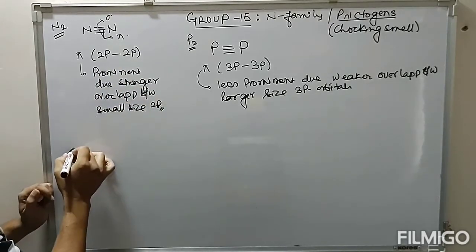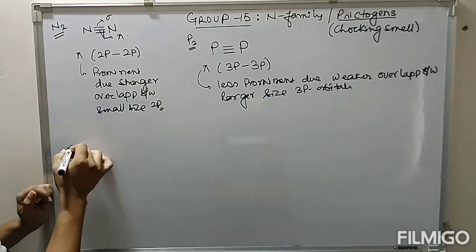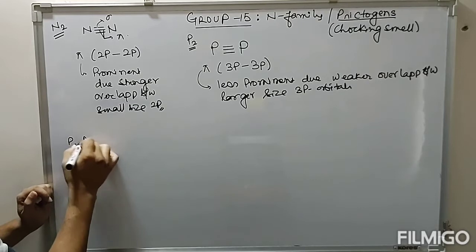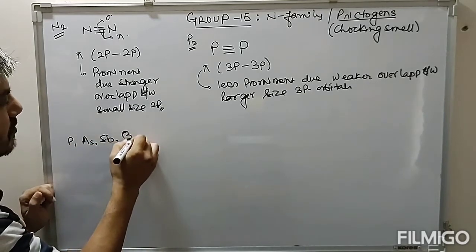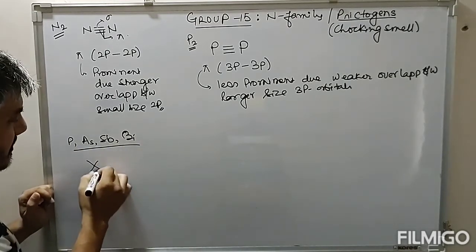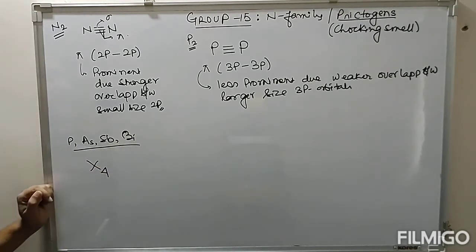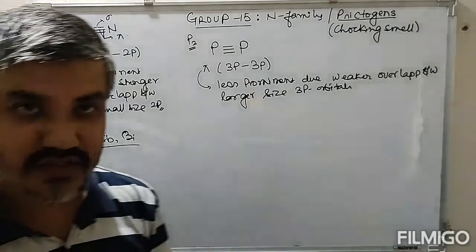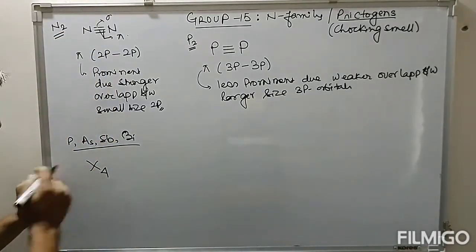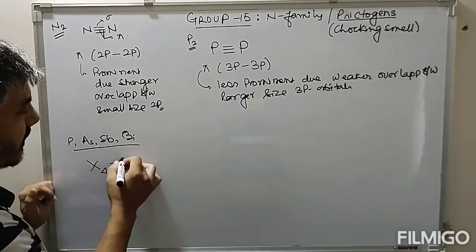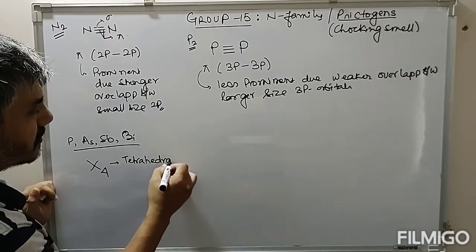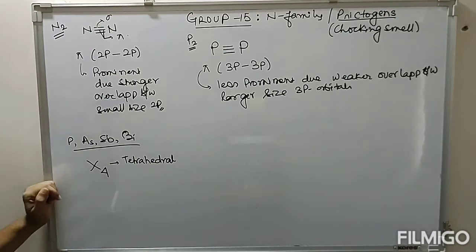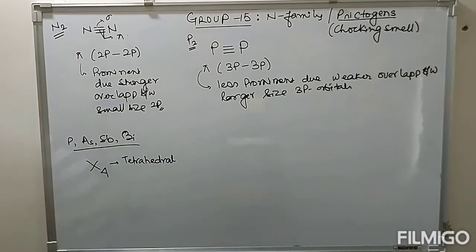Now the rest of the elements, that is phosphorus, arsenic, antimony and bismuth, exist as X4, whereas nitrogen does not exist as N4. In this X4, the arrangement is tetrahedral, meaning the four X atoms occupy the four corners of a tetrahedron.